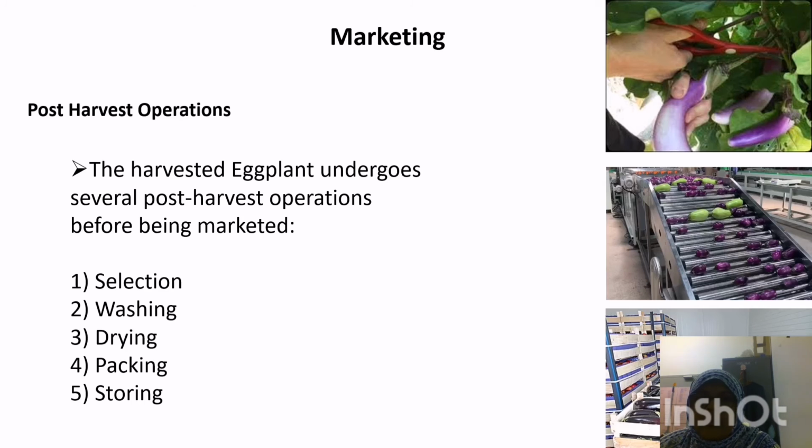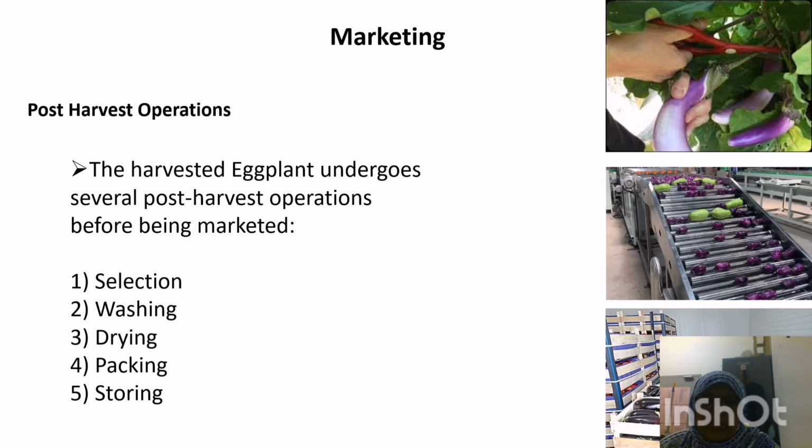Marketing. Post-harvest operation of eggplant has 5 stages. First, selection. Fruit selection is essential to maintain the quality. Washing helps to remove any soil from the surface of the fruit.